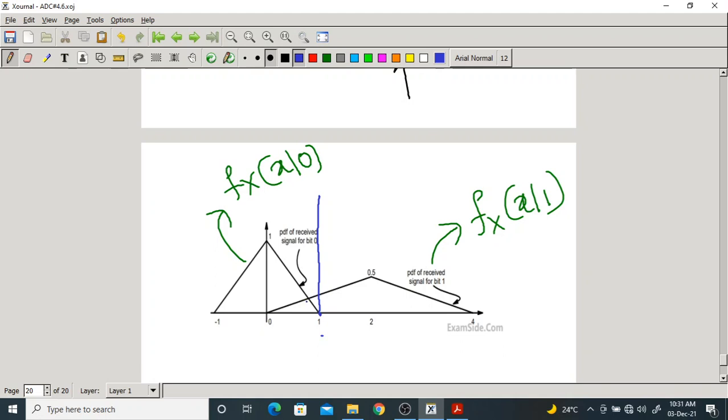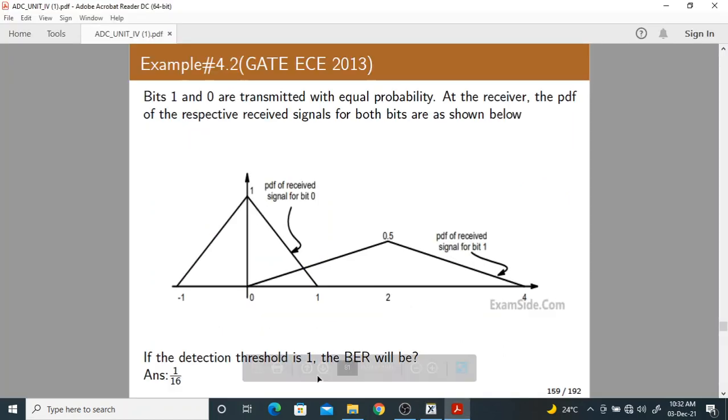Here is the point of intersection, it is less than 1. But in the problem they mentioned that the threshold is 1. So let us go with that, because they did not mention optimum threshold.